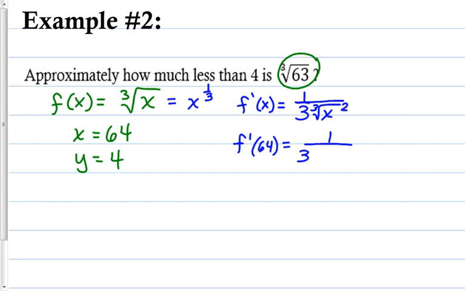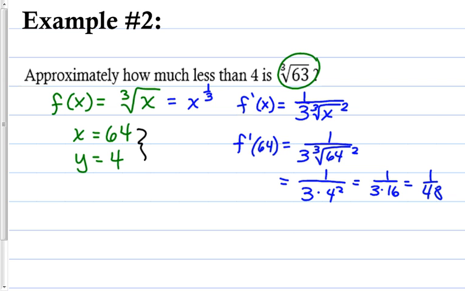So let's see, 3 times the cubed root of 64 squared. Okay, remember I picked 64 because the cube root of it was something feasible. It's 4. So this is now 1 over 3 times 4 squared, which is 1 over 3 times 16, which is 1 over 48. Okay, so there's my slope.